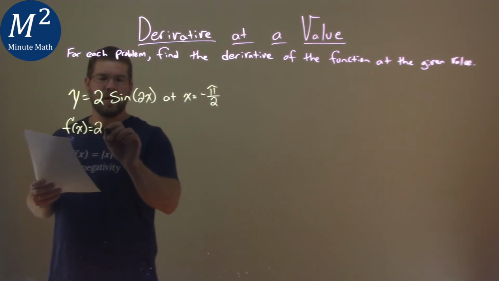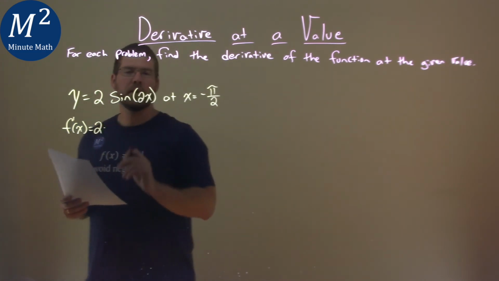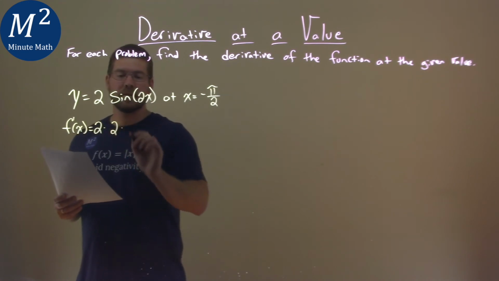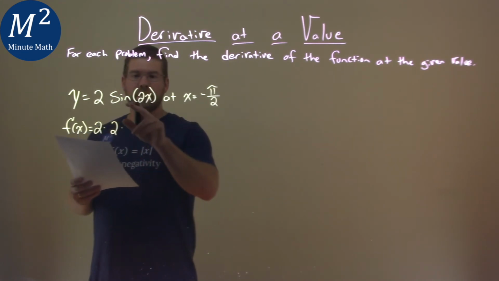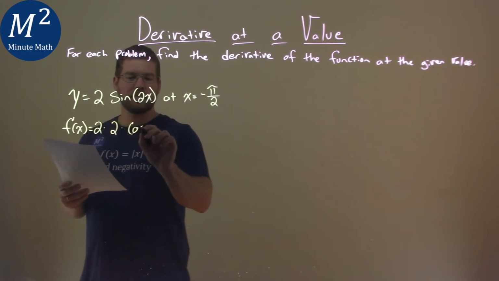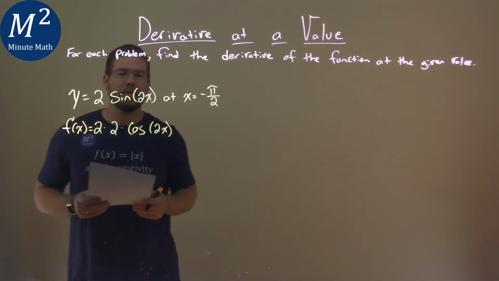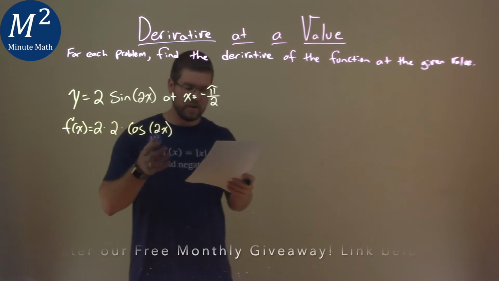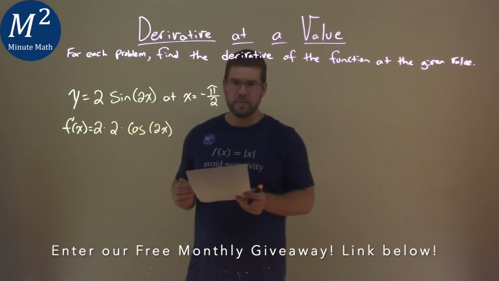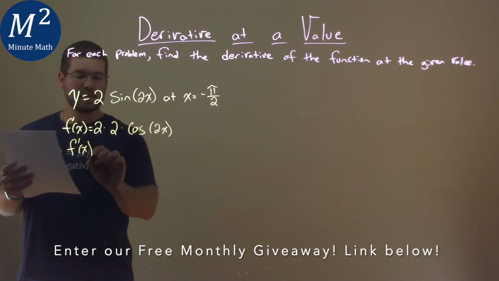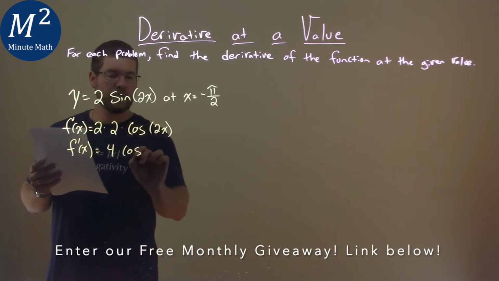But then we're multiplying that by the derivative of the inside, derivative of 2x, which is a 2, times cosine of the inside, which is 2x. Because remember, the derivative of sine of u is u prime cosine of u. Simplify this out slightly, we have f prime of x is equal to 4 cosine of 2x.